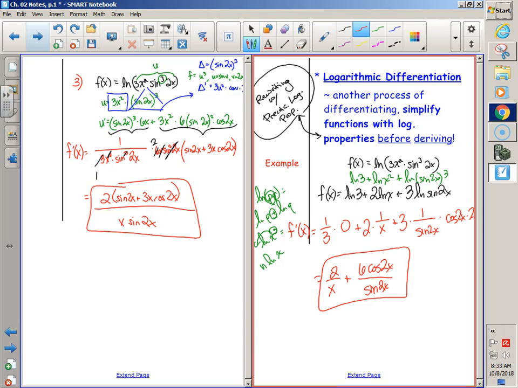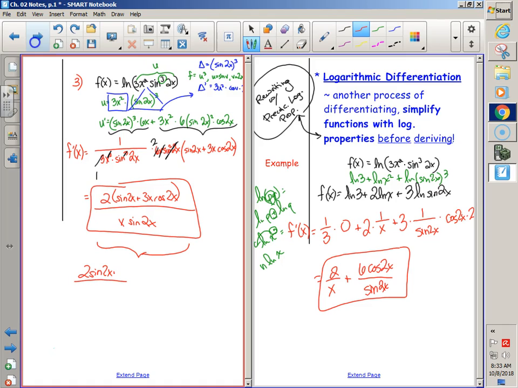Because if I was to break it apart, couldn't I take this one over here and make it 2 sine 2x all over x sine 2x plus 6x cosine 2x all over x sine 2x? Check it, the sines reduce, check it, the x's reduce, and it's the exact same thing.